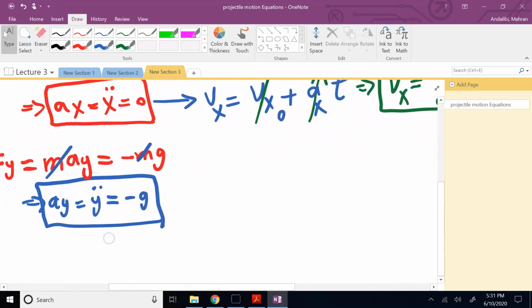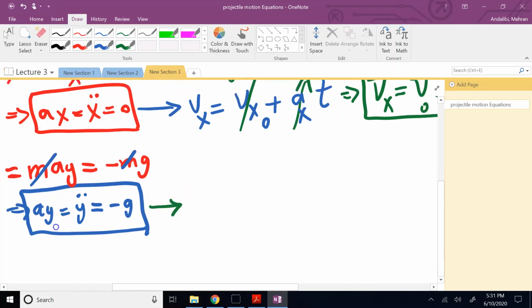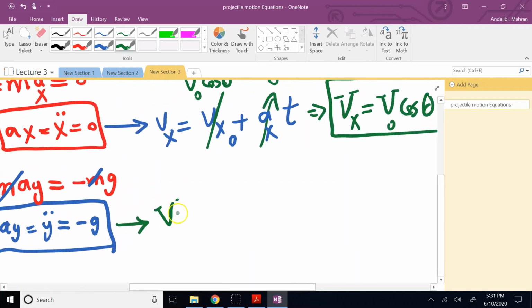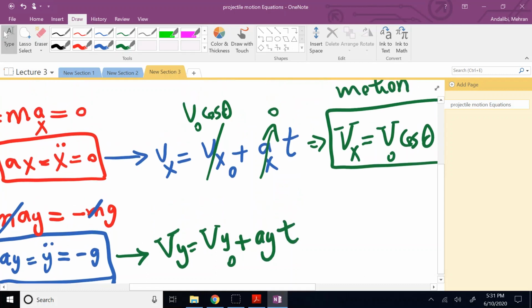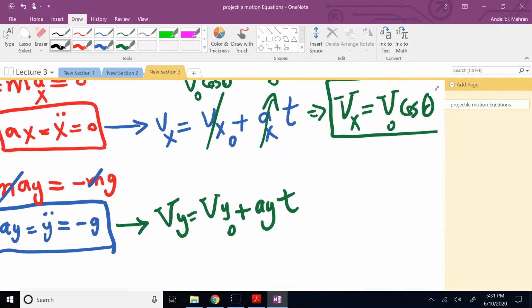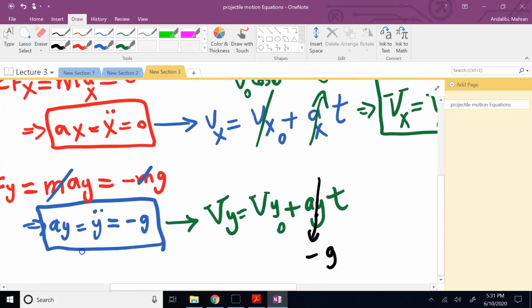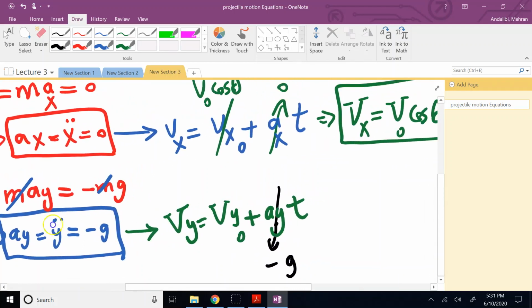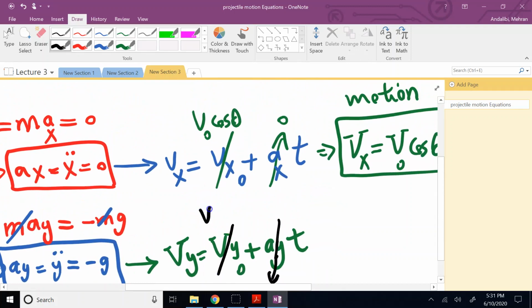And then we come to the y equation. Now a of y is constant. Therefore, if I write my v of y equation, v of y is v of y initial plus a of y times t, the same format, right? But this time a of y is not 0, it's negative g, and v naught of y, if you remember from the diagram, is v naught times sine of theta.